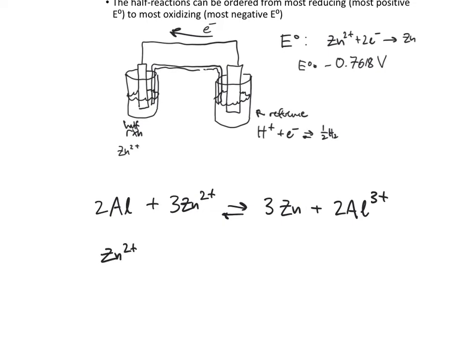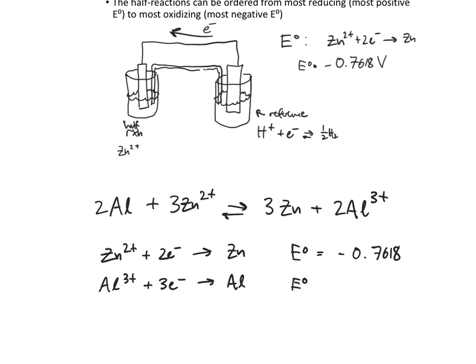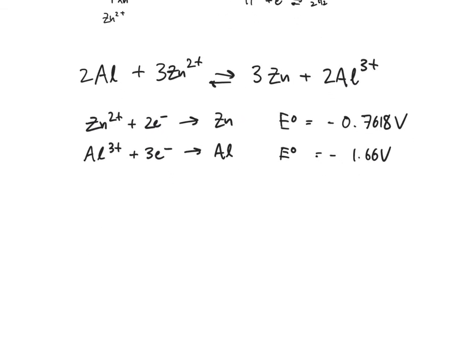We have the half reaction for the reduction of zinc, and the E naught for this one is negative 0.7618. And then we also can look up the reduction reaction for aluminum. That E naught is negative 1.66. Both of these are in units of volts.